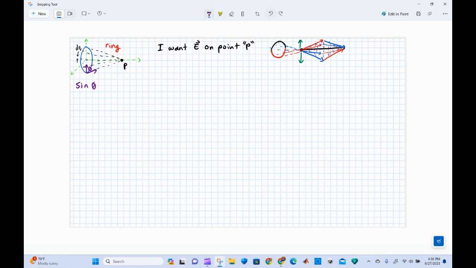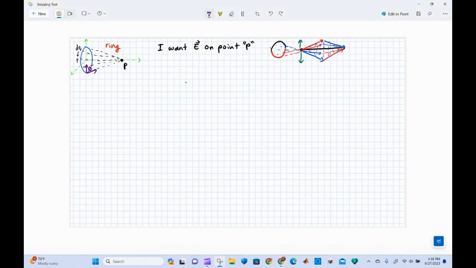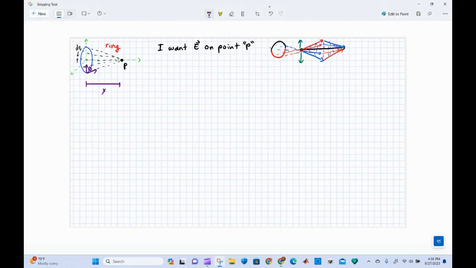Oh, I should label what x and all that means. What did I choose as x? Actually, I didn't choose anything. X. So let's just say what x is because I clearly didn't do that. And then here, let me erase this and change this actually.